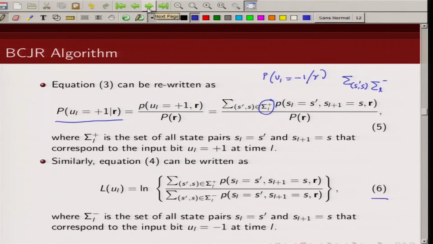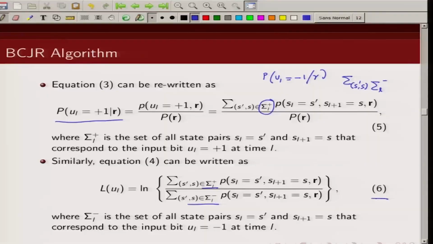This summation is now only over valid transitions corresponding to UL being +1, and this summation is over valid transitions corresponding to UL being -1. So, I have simplified my equation number 4 in equation number 6, using the state diagram or trellis diagram of the convolutional encoder. This will be my a posteriori probability log likelihood value, the L value.